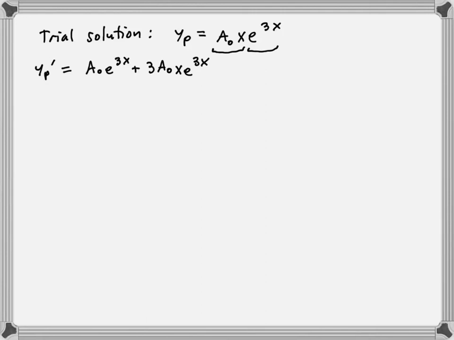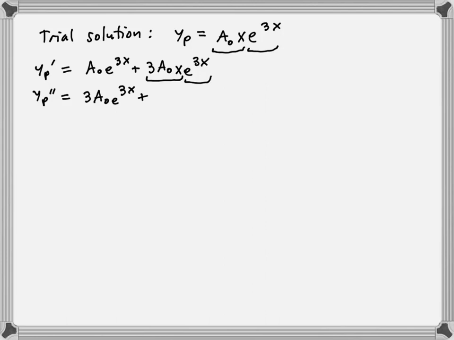Okay. What is yp double prime going to equal? I take another derivative, right? So this derivative is going to be 3a naught e to the 3x plus, and again, I'm going to use the product rule on this.